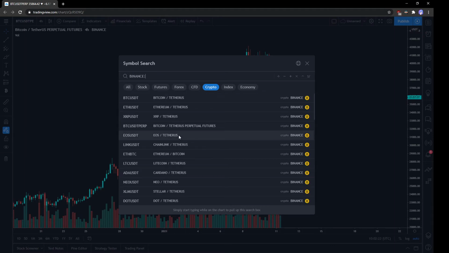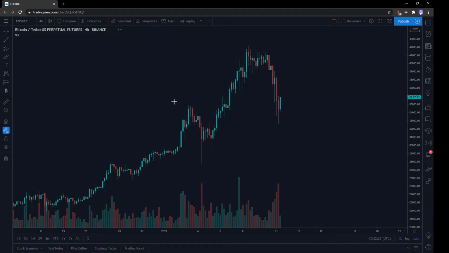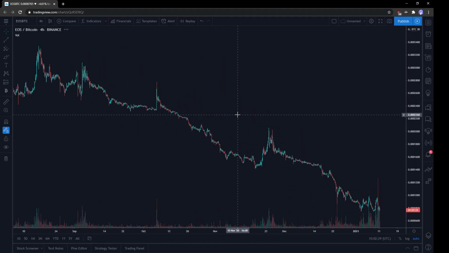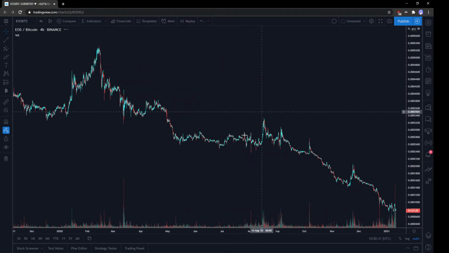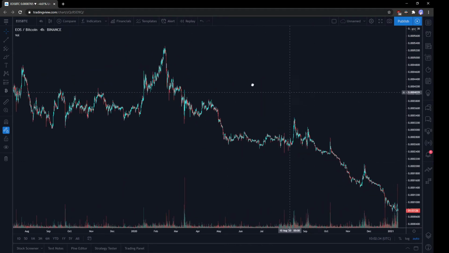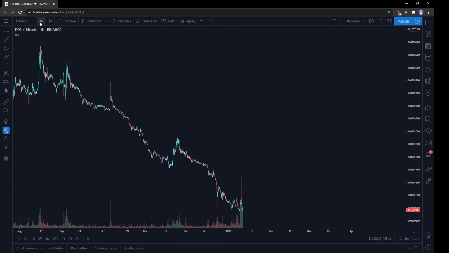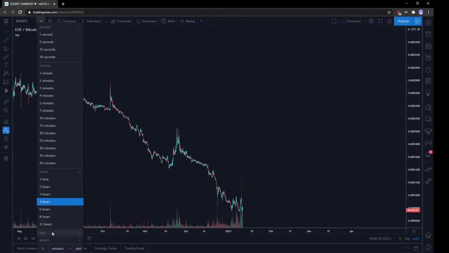For example, we can give a look at EOS, even though it has been performing like a dead coin since I don't know how long actually.